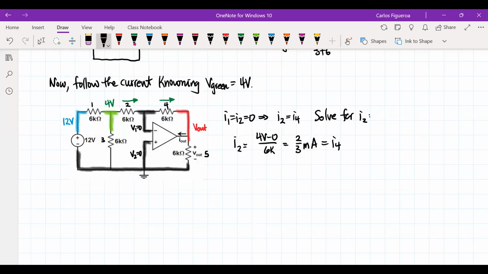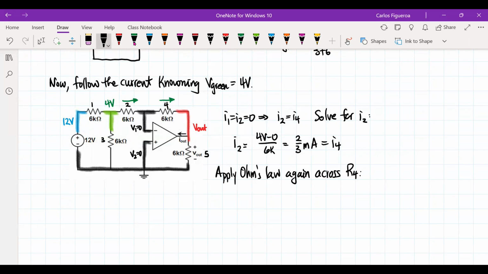So now I do the exact same thing. Note, I now know what the current has to be of the 4 resistors. So then I apply Ohm's law again across R4.